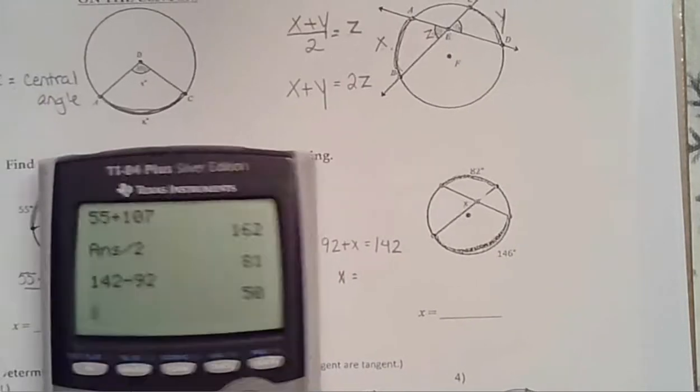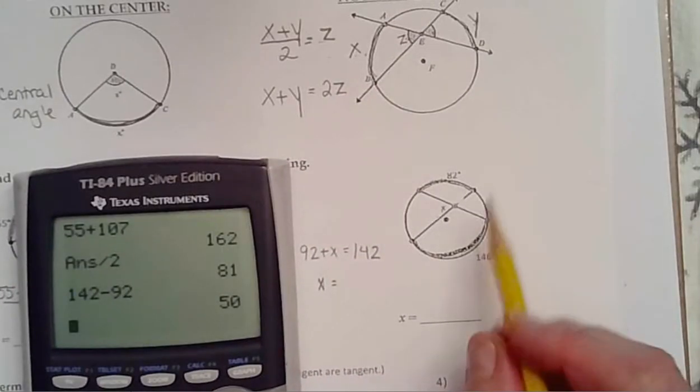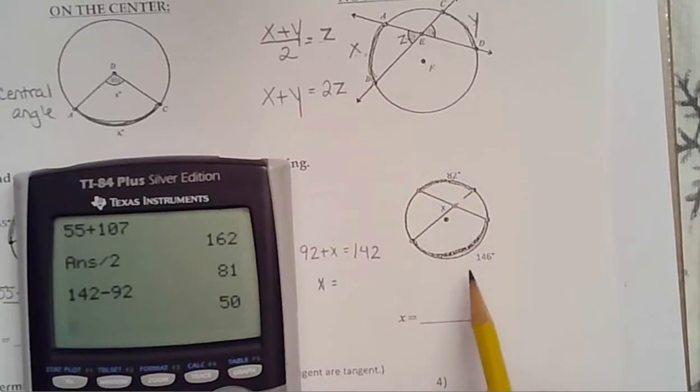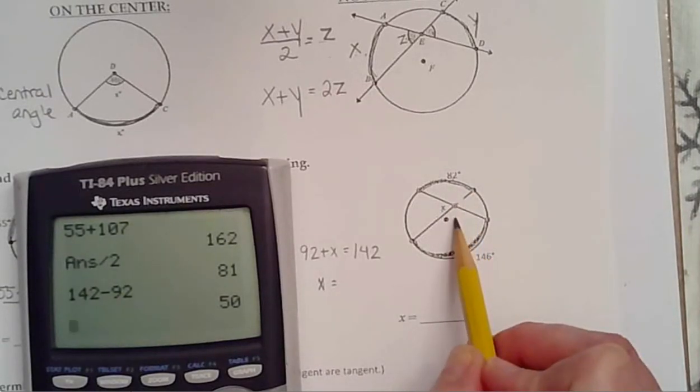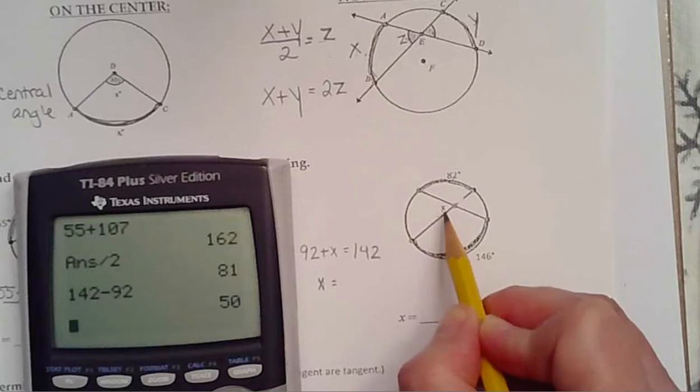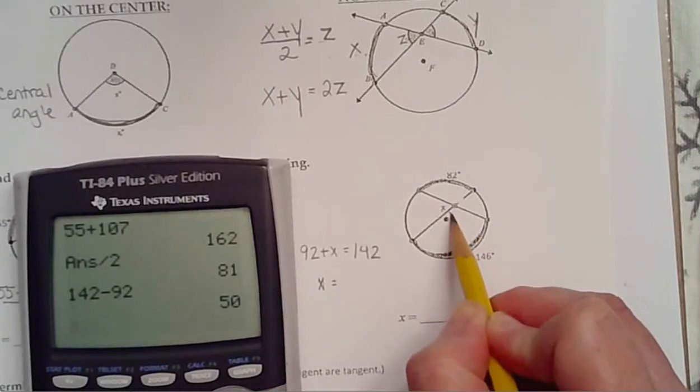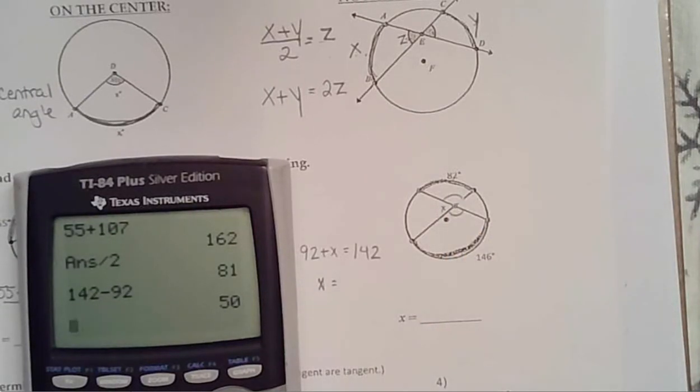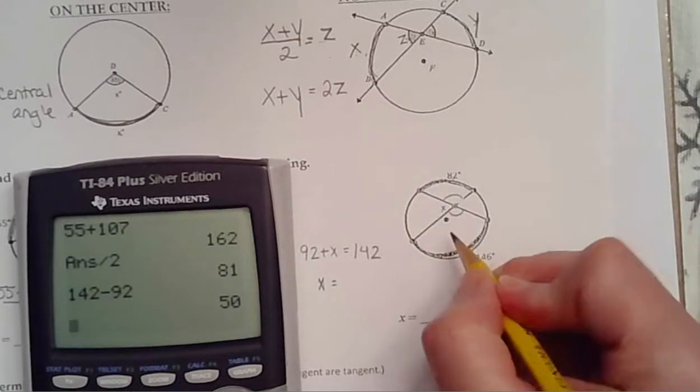And our last one over here on the right, we are going to do 82 plus 146 divided by 2, but that's not going to give you X. That's going to give you this angle. So you have to be careful. X is taken, so let's choose another letter. Why not Y?